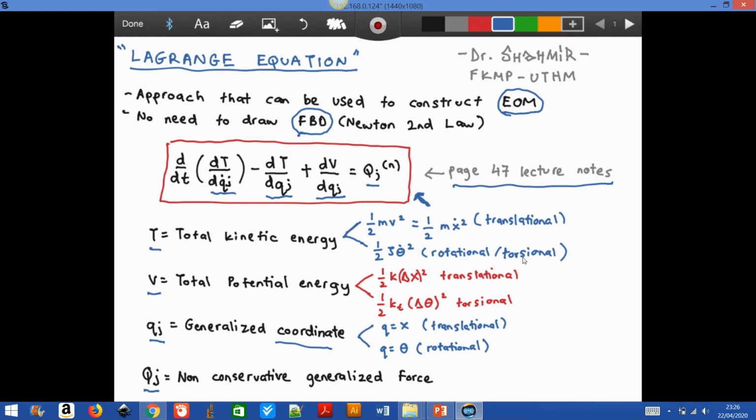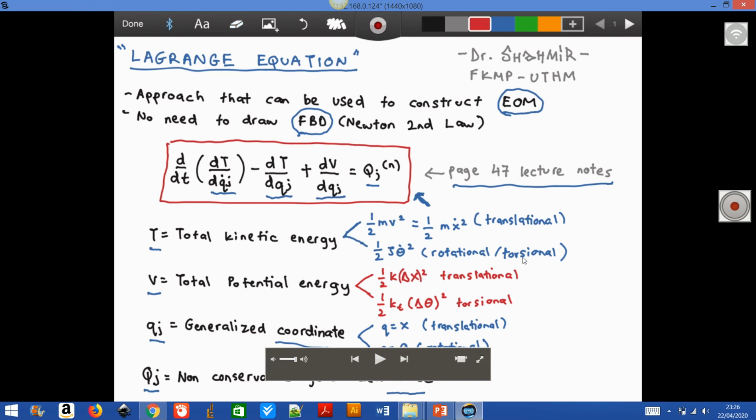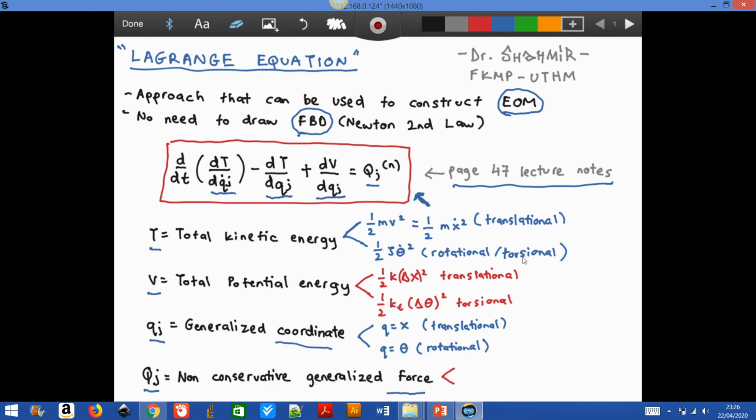And what is Qj? Qj is the non-conservative generalized force, where we could also describe it in two cases: for a spring mass system, translational, Qj is equal to F. And for rotational vibration, Qj is actually your moment.